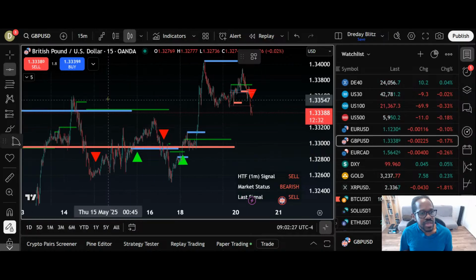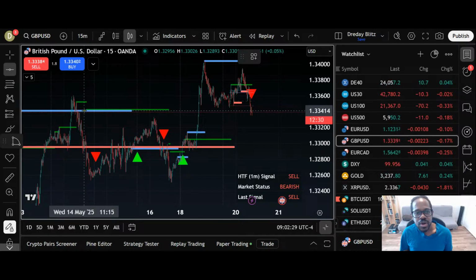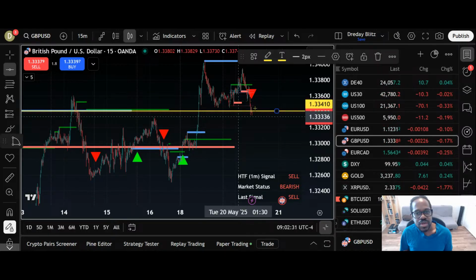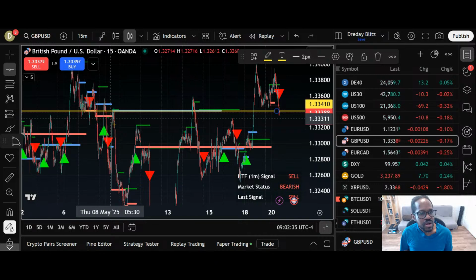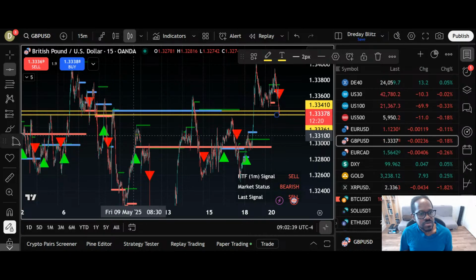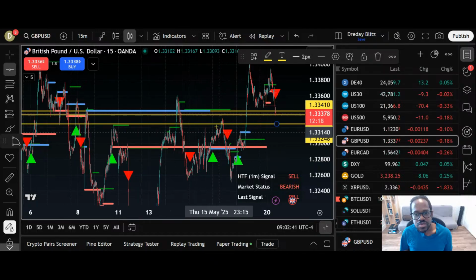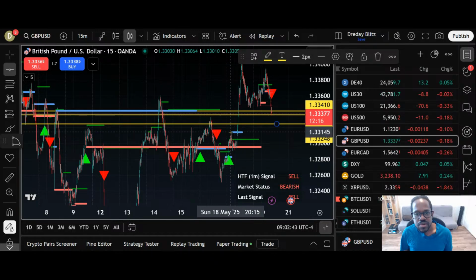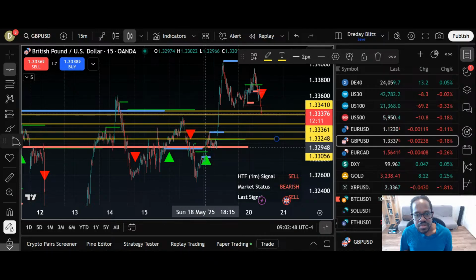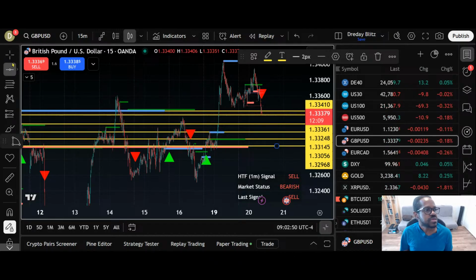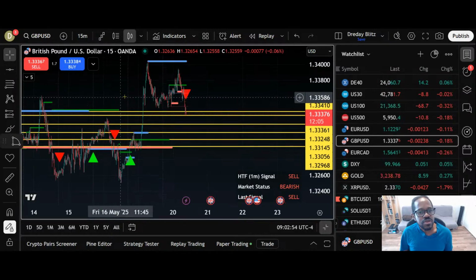I'm just gonna plot our lines to see exactly from where it started to break. So those are levels of interest right here, and right here. So that's where we're looking for GU right now.